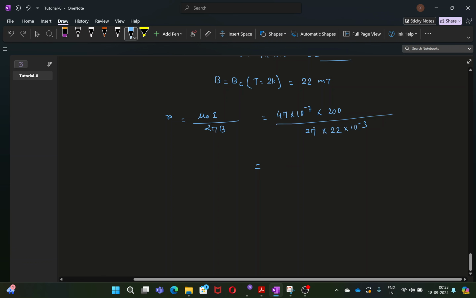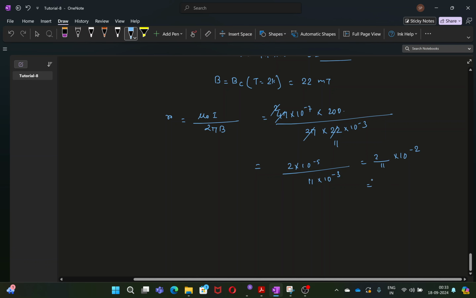So 2 pi and 4 pi makes it 2. So 2 and 22 becomes 11. This is 2 into 10 to the power of minus 7 into 10 square, so 2 into 10 to the power of minus 5 it becomes. Then it is divided by 11 into 10 to the power of minus 3. So this is 2 by 11 into 10 to the power of minus 2, because this comes up, so this makes it minus 2.